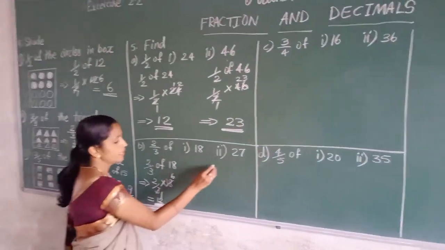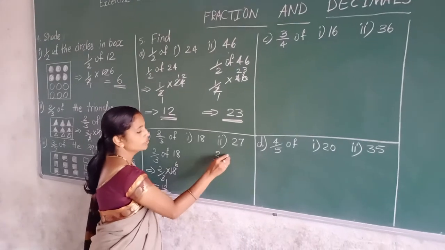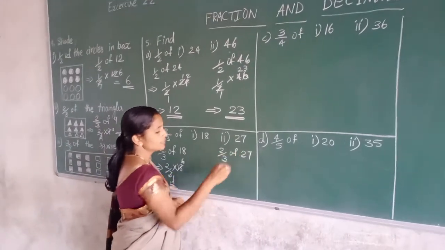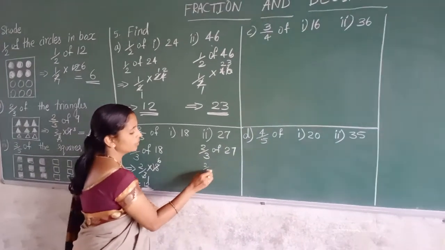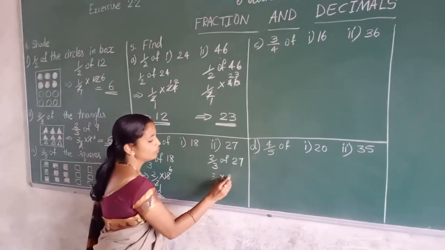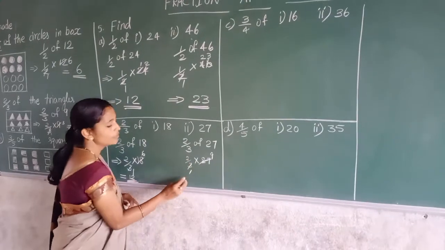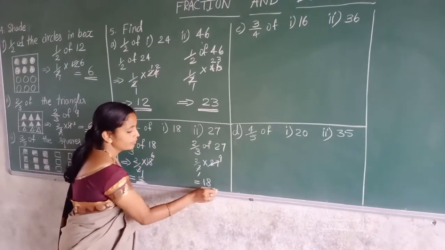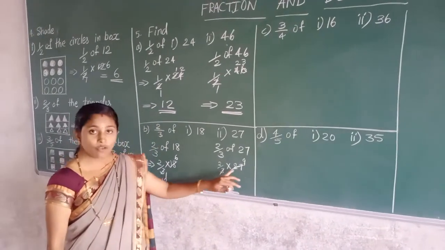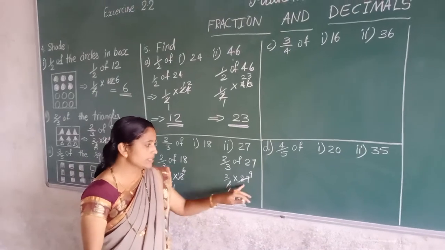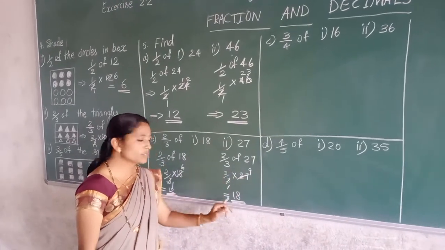Now the next sub question, 2 upon 3 of 27. Instead of of, we have to write multiplication, 27. 3 ones are 3, 3 nines are 27, 9 twos are 18. Hope you are understanding how I make the simplification.